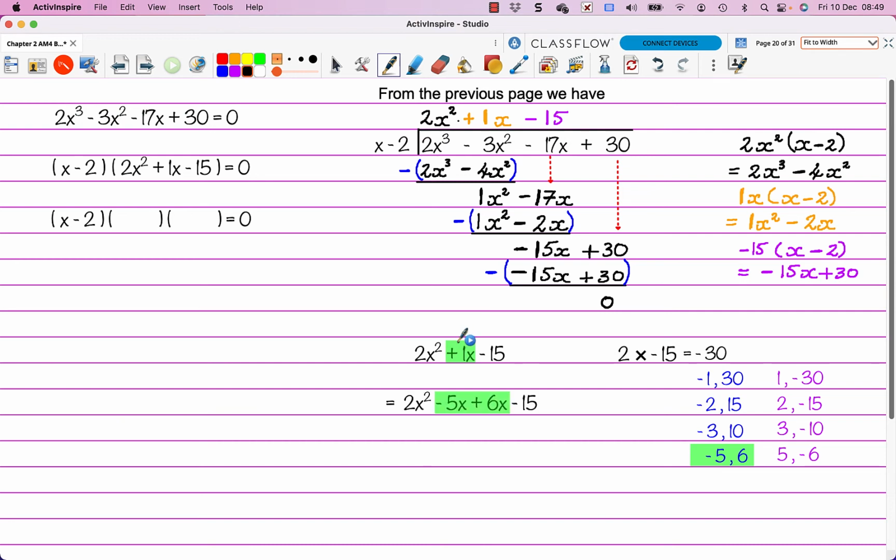So we do that on the next line. So we've got minus 5x plus 6x. Add them together, make sure you get the line before. And now we're going to factorize this in pairs. So the common factor for the first pair is x, clearly, and when we take x out as a factor, we're left with 2x minus 5.